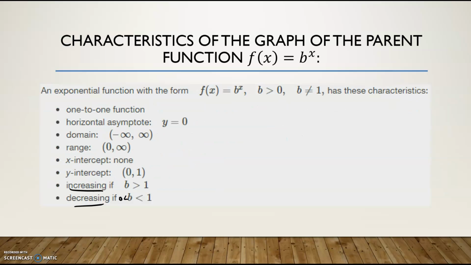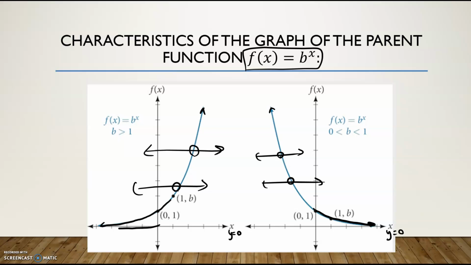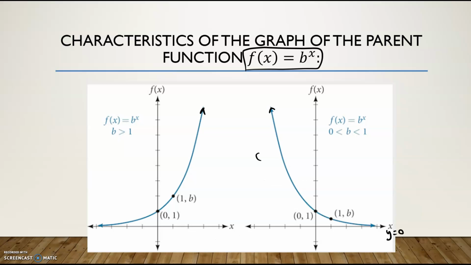And let's see. The domain goes from negative infinity to infinity. For your x values going to negative infinity, it keeps on going. For your x values going to positive infinity, your function just keeps getting bigger and bigger. And your range goes from 0 to positive infinity on both of these, so domain and range are the same on both. Notice how it gets really close to 0, and that's y equals 0.